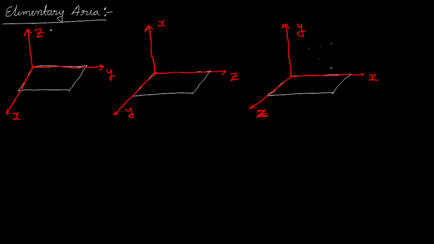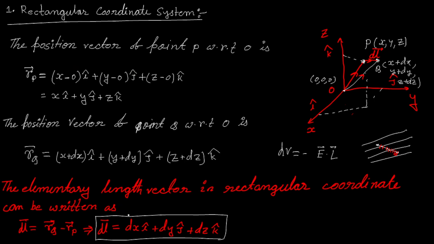What we have learned here is that dx, dy, dz are the smallest possible increments of x, y, and z, or in other words, the projections of the elementary length vector along the x-axis, y-axis, and z-axis.